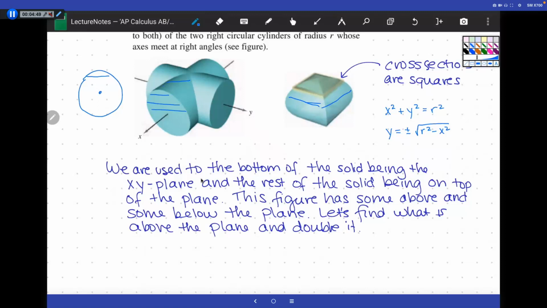So here is the center of the circle, and you have this going across here. So here's R. This is your y coordinate, and this is your x coordinate.